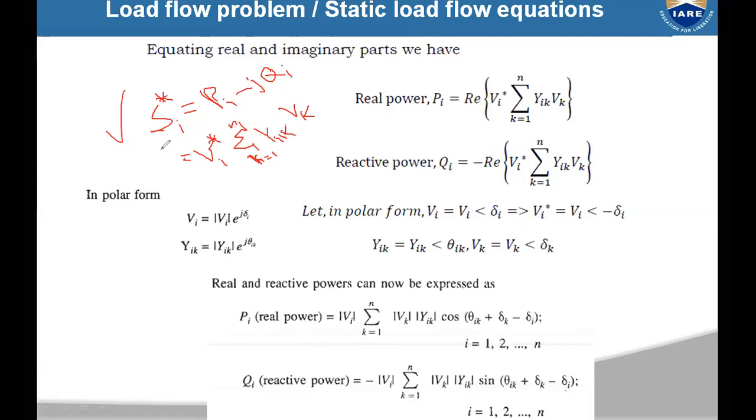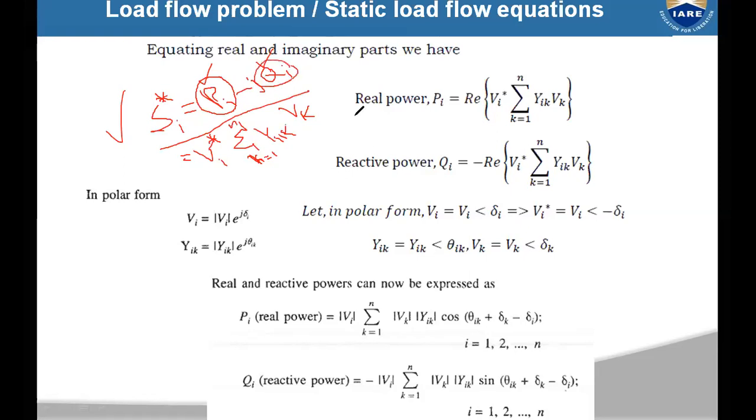So now this power will have both real power and reactive power, right? Real power is nothing but the real part of this Si, and the reactive power is the imaginary part.